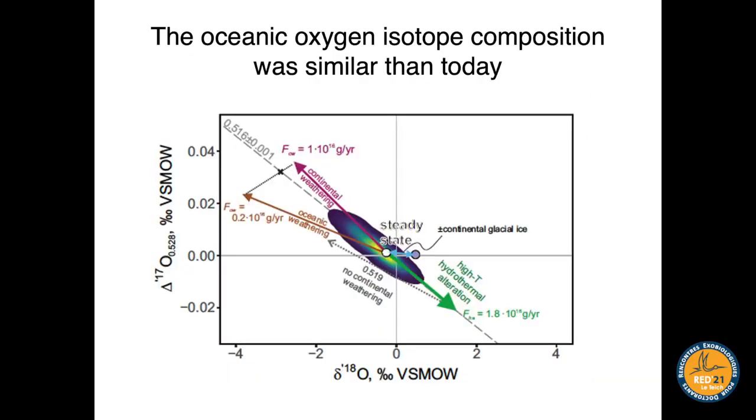But what was interesting is that if we calculate the oxygen isotope composition of the ocean, and this is a result of the modeling, we know that the ocean should have had the same or similar oxygen isotope composition as today. And that is very interesting, because that has a lot of implications for the hydrological cycle of the ocean, but also for tectonics.